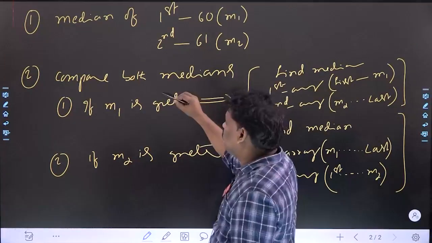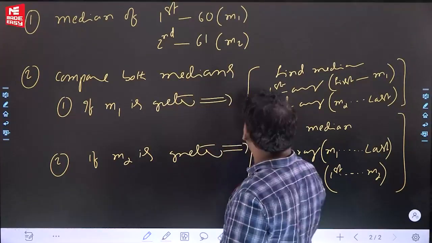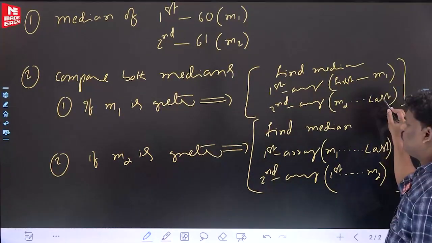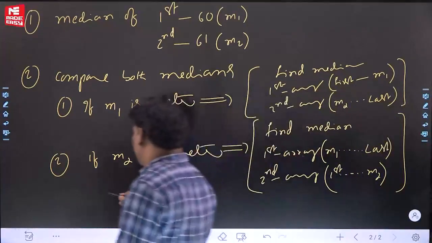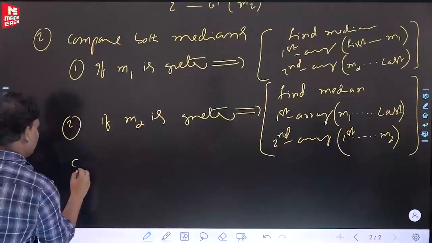Suppose M1 is greater, meaning M2 people are smaller, that indicates the second array first half or the first array first half. Continue the above steps.